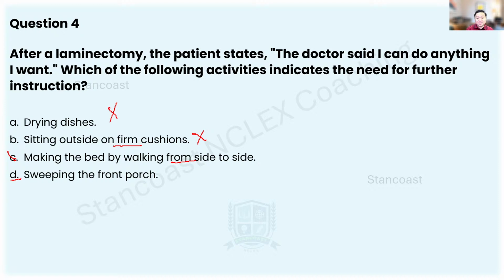And this can complicate things. It can lead to muscle spasms and potential re-injury to the site. Involves twisting. So this is the activity that should be addressed by the nurse during this conversation.